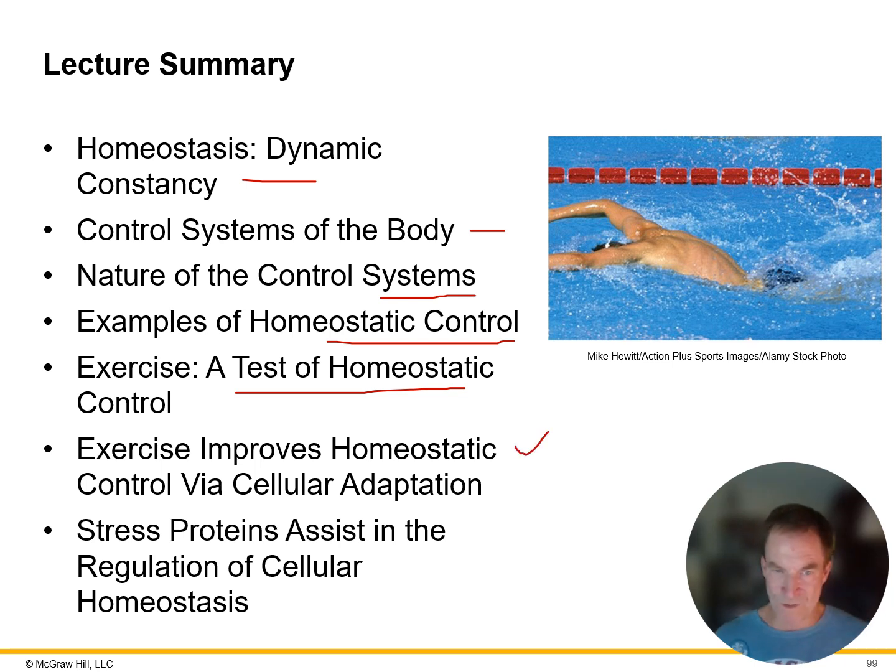Exercise improves the homeostatic control via cellular adaptation. What was that called? Hormesis, right? And then stress-induced proteins assist in the regulation of cellular homeostasis. And again, some of that's what we see during resistance training, and like I said, with satellite cells and with mTOR and all these really fancy things that are at the cellular level.